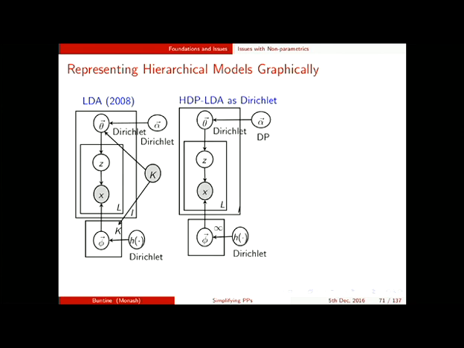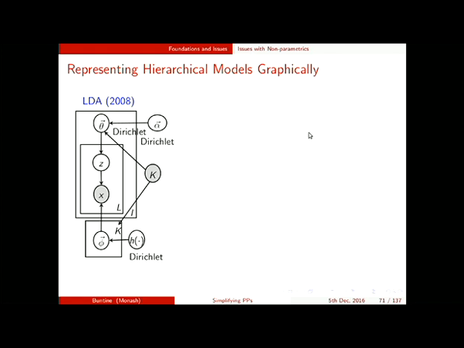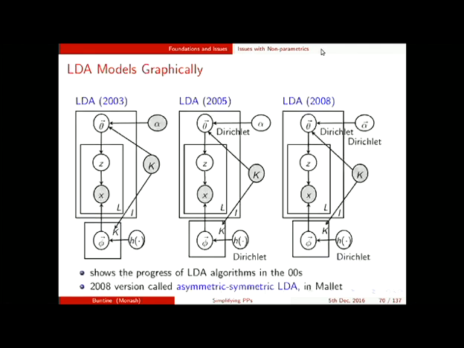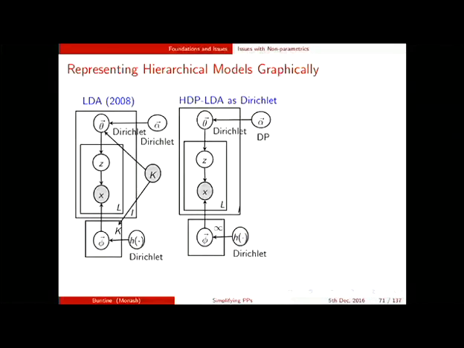This is the model for this hierarchical Dirichlet process LDA paper that got the 2,600 citations. 2006, right? So it predates these guys, but here it is. What's different?